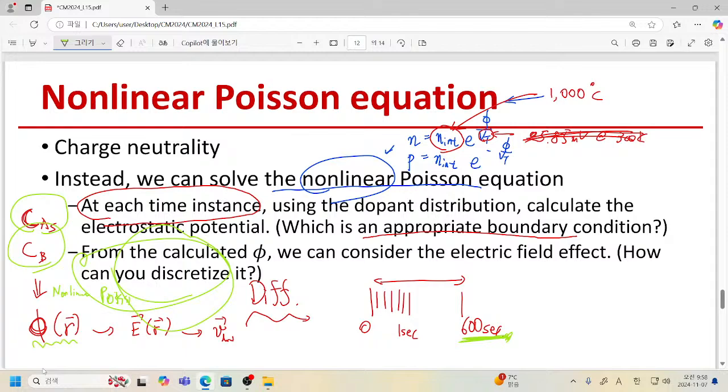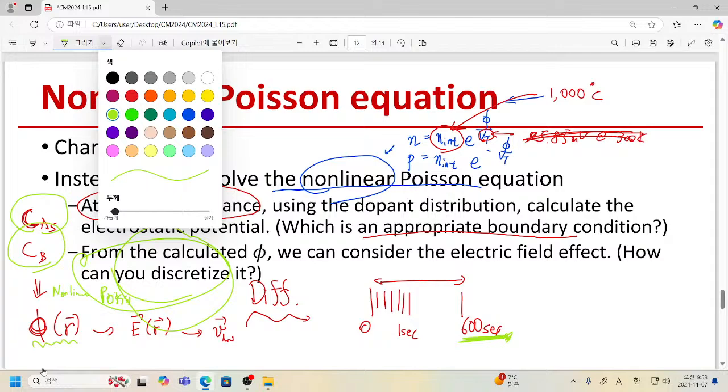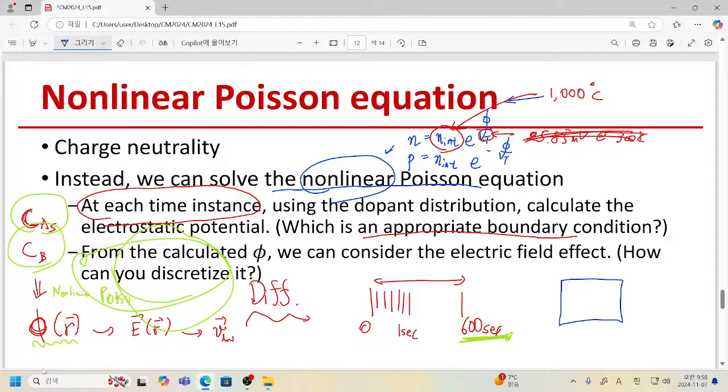In my opinion, this is a very important point. Here we have a system of arsenic and boron. We are interested in this one. And also we have a system with the electron density and hole density.